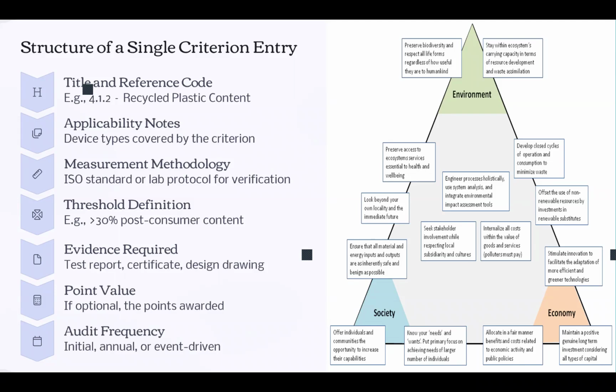So audit frequency is listed too, and some things are checked once and others every year or when something changes. These are the important parts about the structure of any single criterion. This structure makes the standard predictable and transparent and fair, basically. So manufacturers know exactly what to do, and auditors know exactly what to look for.